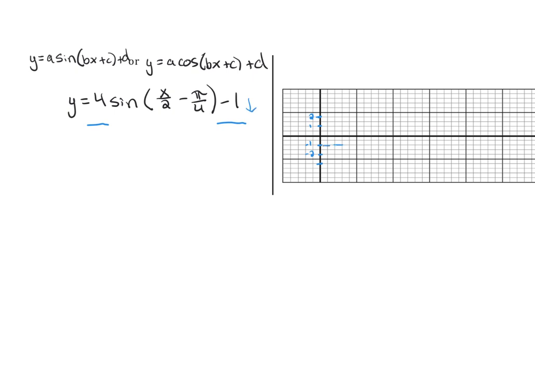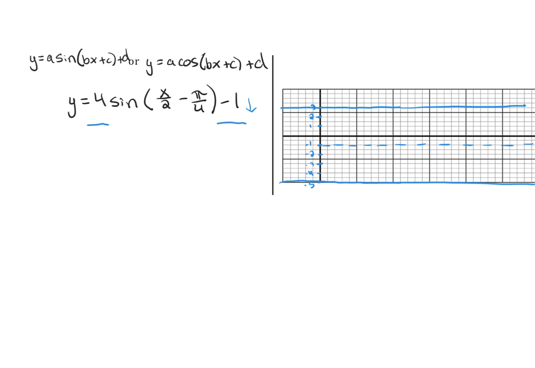So I will put a dotted line at -1. That's the magic line that cuts it in half. And now the amplitude is 4. So from the midline, I need to go up 4 and down 4. So I sometimes like to draw those solid lines to kind of just box my graph in, but you don't have to do that.